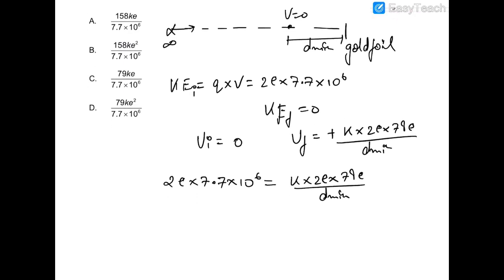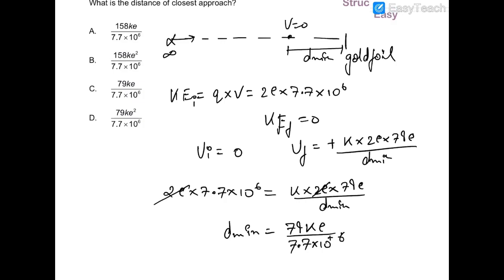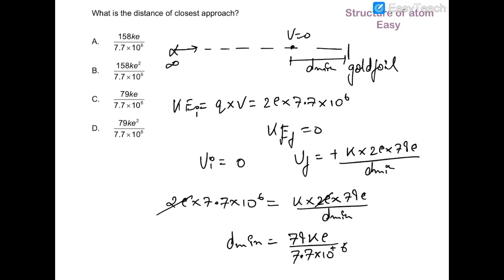Okay, so we can cancel out this k with k. So d minimum will be equal to 79 ke by 7.7 into 10 raised to power 6. Okay, so the correct answer will be option C.